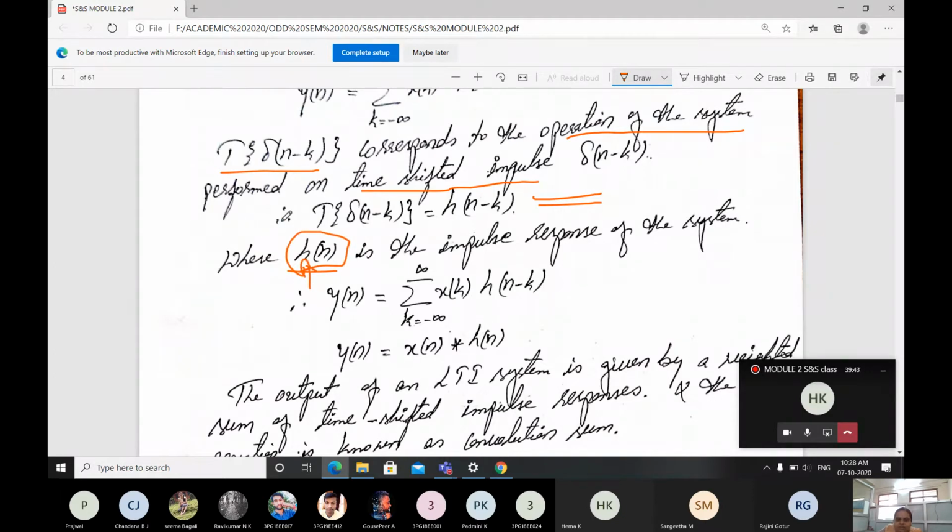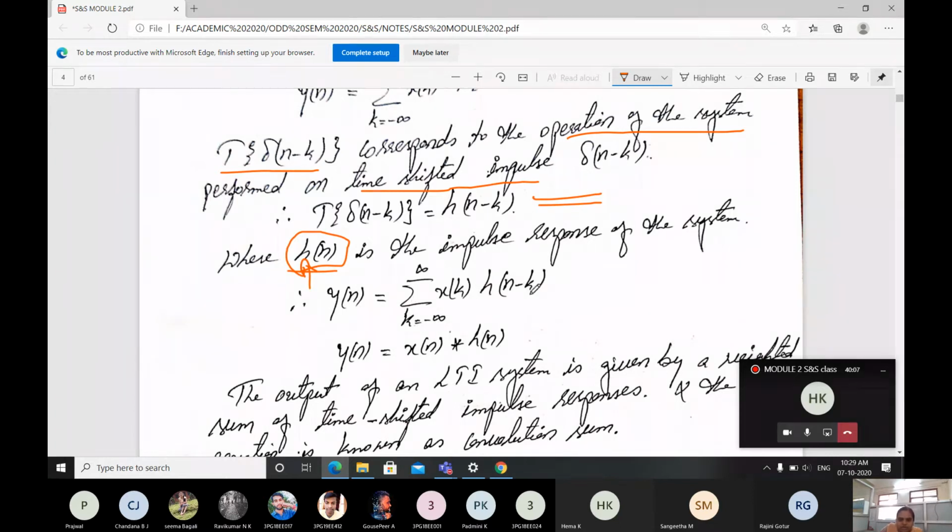The impulse function is delta of n. The impulse response gives some response, shifting of the signal, it may be scaling of the signal, for the x of n signal. Therefore, I can write y of n is equal to summation k equals minus infinity to plus infinity, x of k h of n minus k.